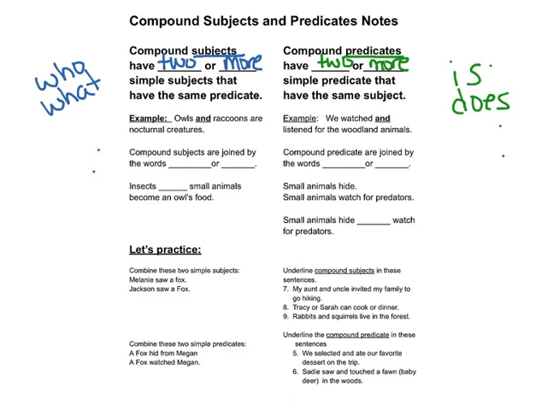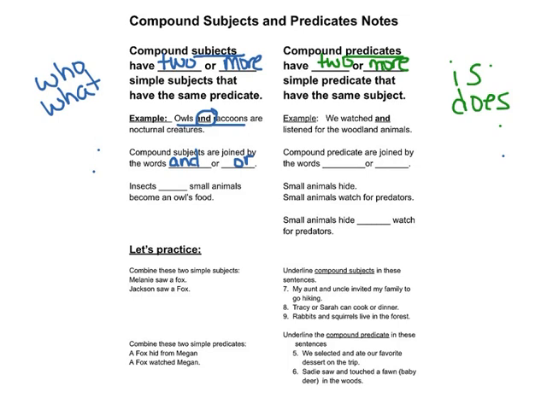Owls and raccoons are nocturnal creatures. So the owls and raccoons is our compound subject. Now we notice that compound subjects are joined by the word and, just like in our example, but they can also be joined by the word or.